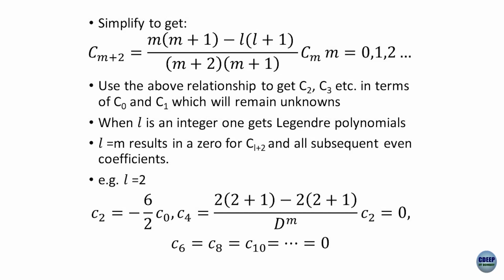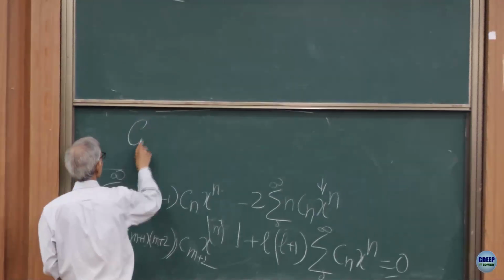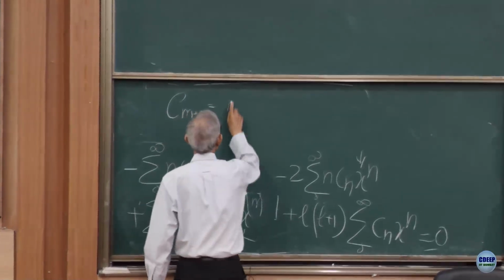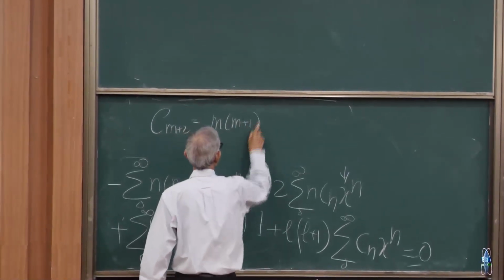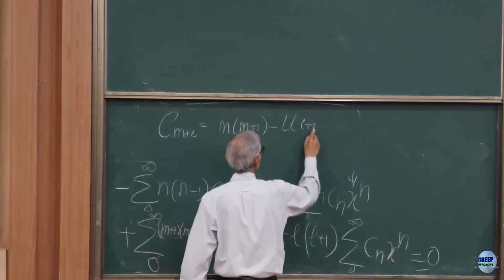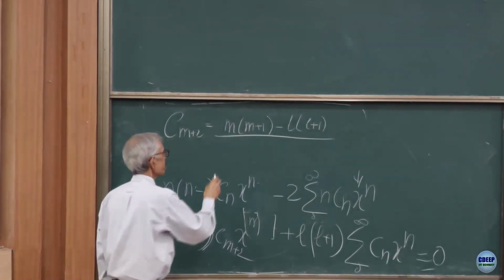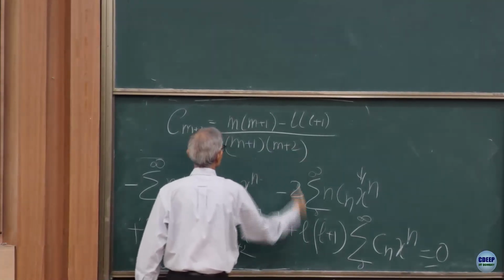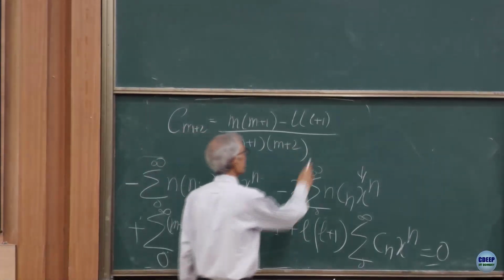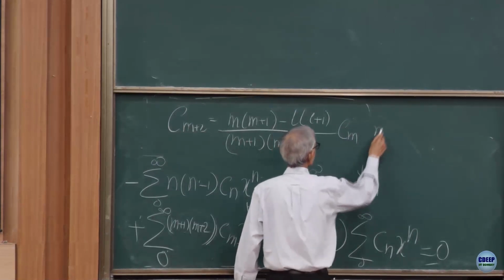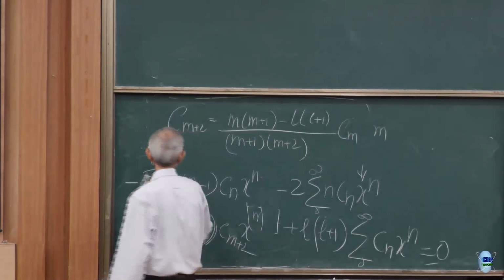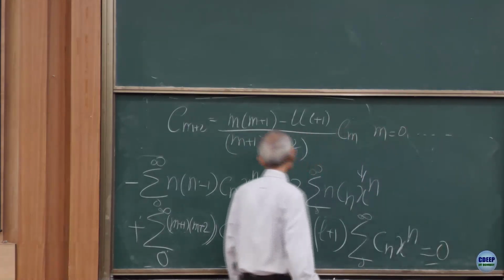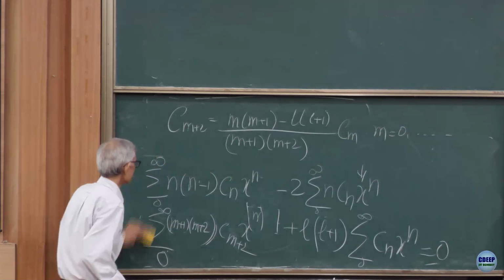Just group the terms together and you get C(m plus 2) is equal to m into m plus 1 minus L into L plus 1, upon m plus 1 into m plus 2, times Cm. And remember, the limit is going from 0 to infinity, so m is equal to 0, 1, 2, 3, and so on. Let's get rid of this guy now.